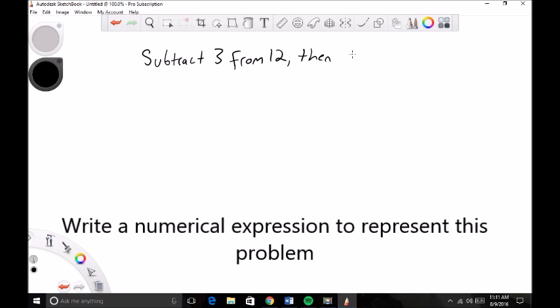Then multiply by 12. Okay, so there's a comma that represents the 2 parts right here. According to the sentence, what do they want you to do first?